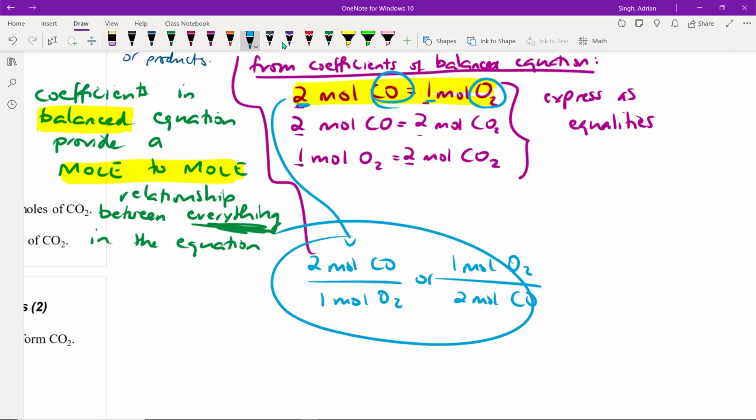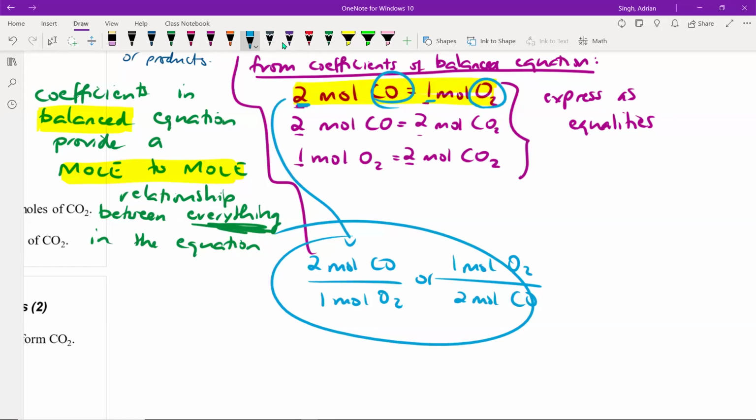This is absolutely the same type of manipulation we saw in the metric system, for instance, where we converted centimeters to meters. There were equalities: 100 centimeters equals 1 meter, and you can put one over the other, or you can flip it. Same thing here.